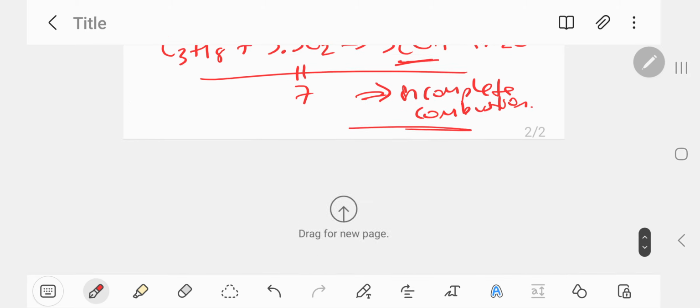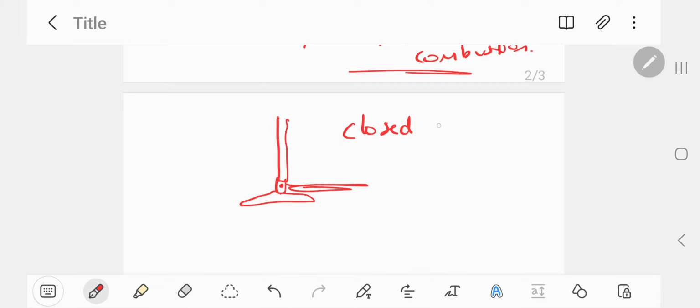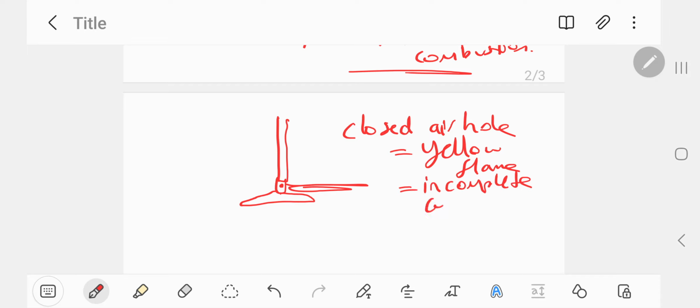And I'm sure you've seen this already, particularly in junior science with the Bunsen burner flame. Here's a Bunsen. So if you close the air hole for the Bunsen, what you're doing is you're preventing oxygen from reaching the barrel. So a closed air hole results in a yellow flame. When you get a yellow flame, that's incomplete combustion because there's insufficient oxygen.